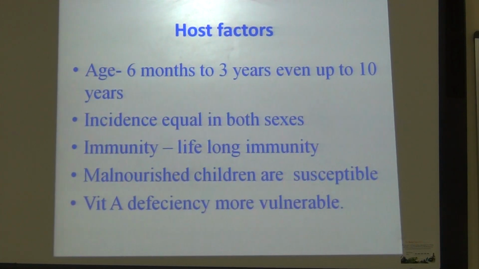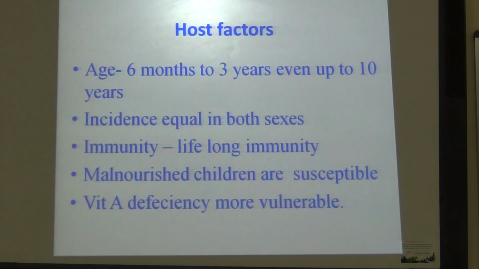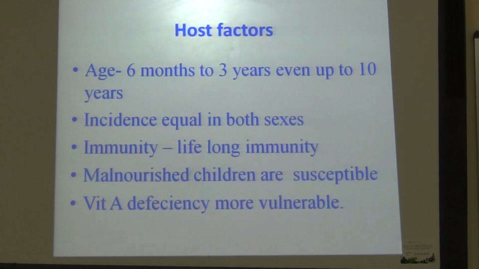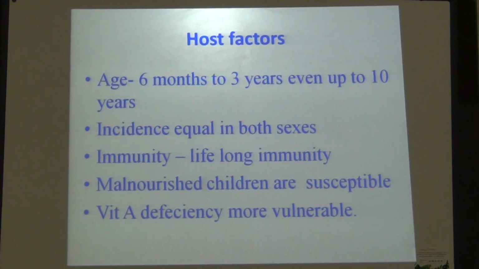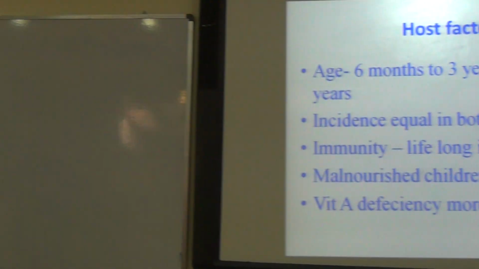So these are host factors for measles: it causes disease in childhood from 6 months to 3 years, even up to 10 years. Incidence is equal in both sexes. After having the disease, immunity is lifelong.